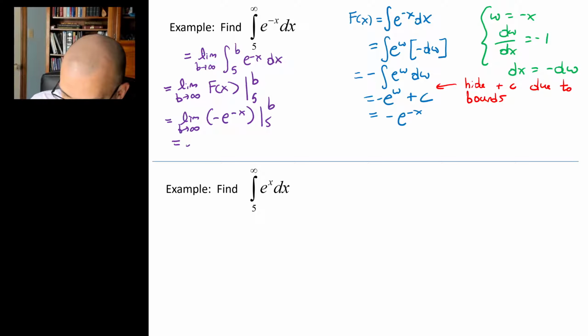So we have limit as b approaches infinity of negative e to the negative b, plug in the top bound, and then minus limit as b approaches infinity of minus e to the minus 5.